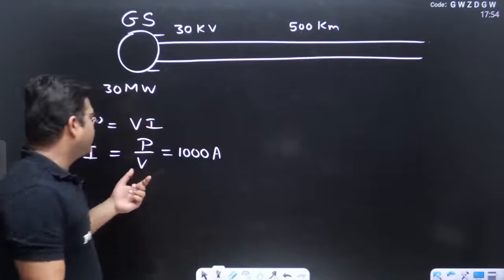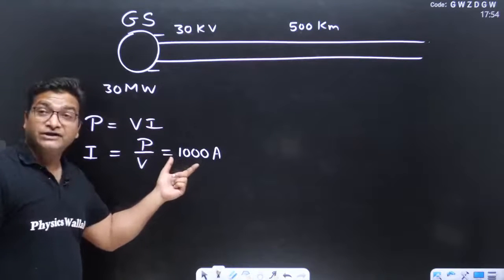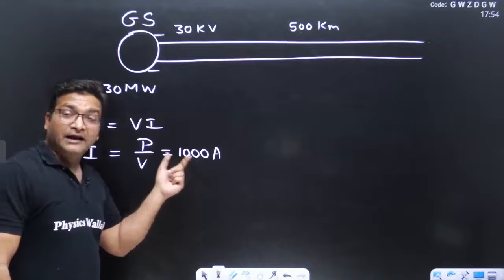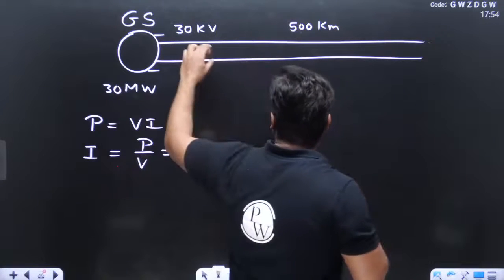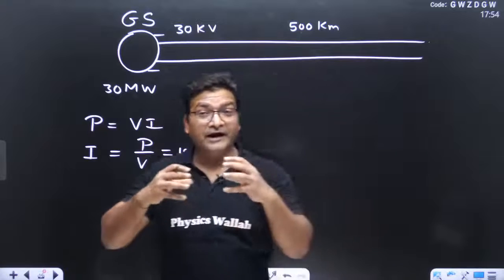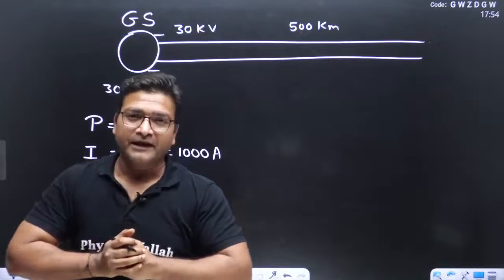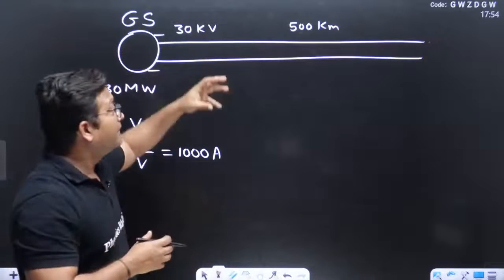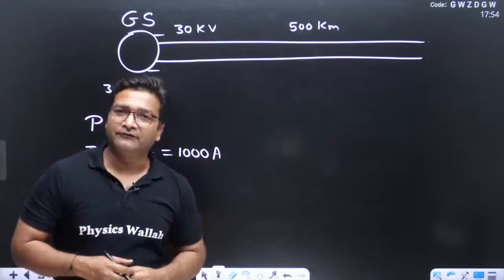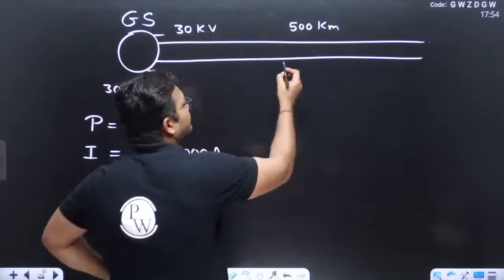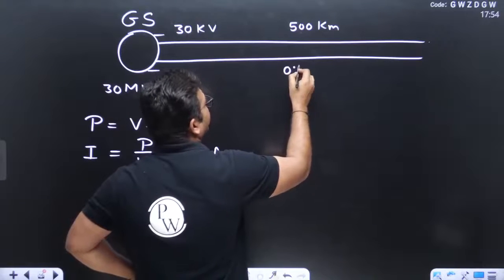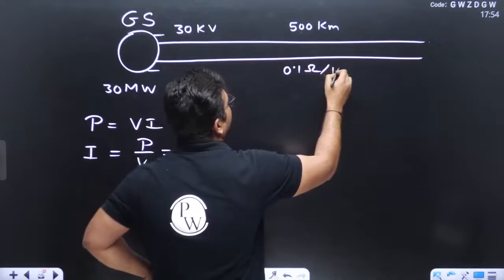Let us say actually we have to carry a large current, and for carrying large current the wires too should be of very high strength, and that can be achieved by taking a big cross section wire, a very thick wire. So wires are very thick, and let us say resistance of wire is only 0.1 ohms per kilometer.